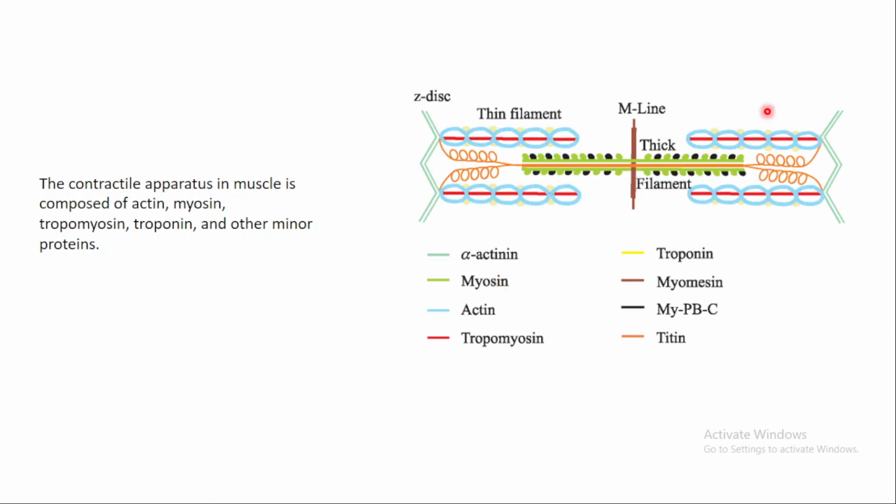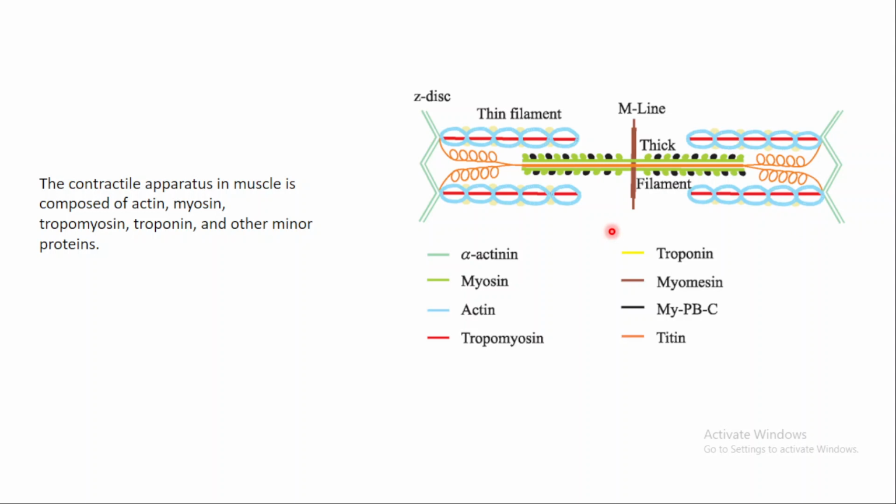And here this is an enlarged view of a Z disc. Z disc, as I explained, is spanning from one I band to the next I band. And I bands are those regions which are devoid of myosin. There is only actin present in the I band.